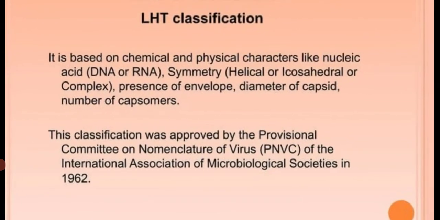Then the LHT system of classification. In 1962, three scientists, Lwoff, Horne and Tournier, were there: L for Lwoff, H for Horne and T for Tournier. So it becomes the LHT system, given in 1962, and this system gives an advanced scheme for the classification of viruses.